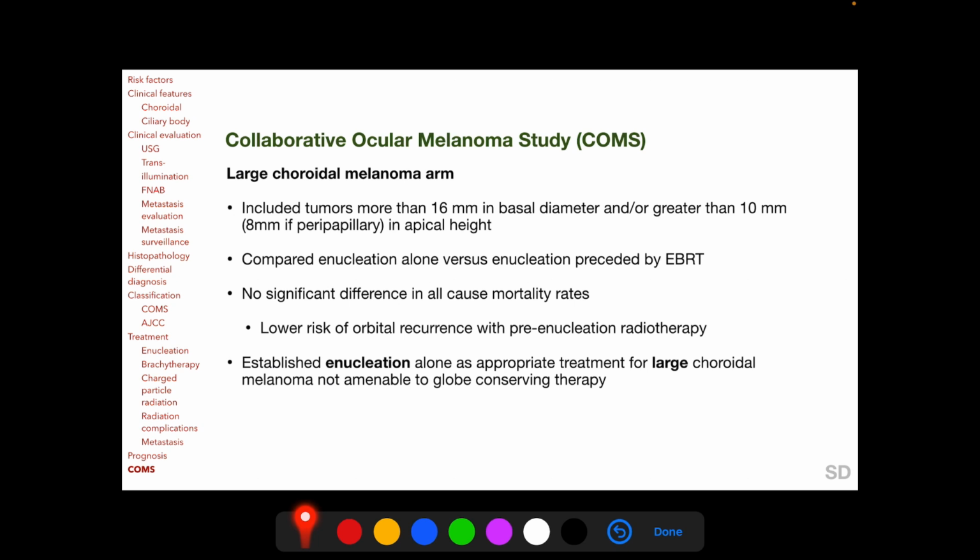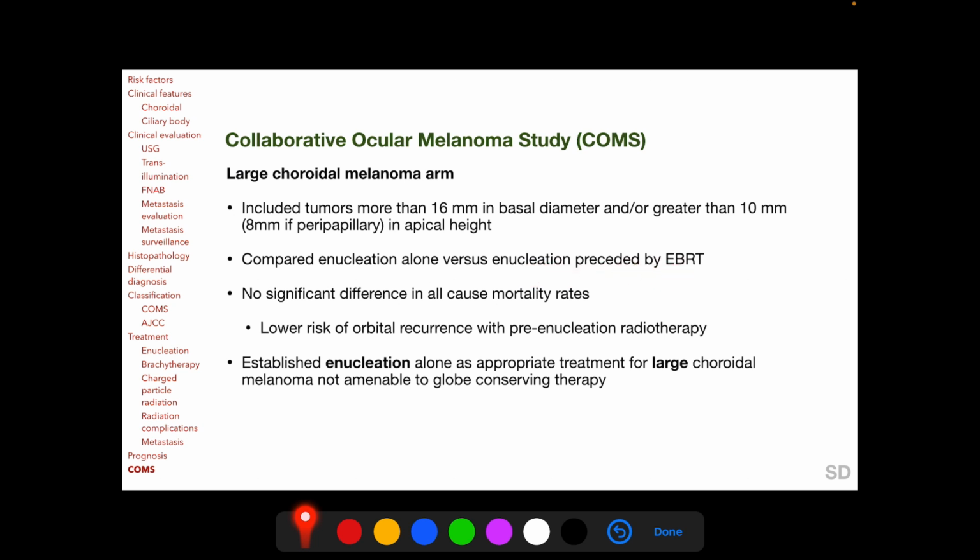The collaborative ocular melanoma study, COMS, was very important in determining the treatment for various categories of choroidal melanoma. They had three arms: the large choroidal melanoma arm, the medium choroidal melanoma arm, and the small choroidal melanoma arm. The large choroidal melanoma arm study included tumors more than 16 mm in basal diameter and or greater than 10 mm in apical thickness, and this arm compared enucleation alone versus enucleation preceded by EBRT.